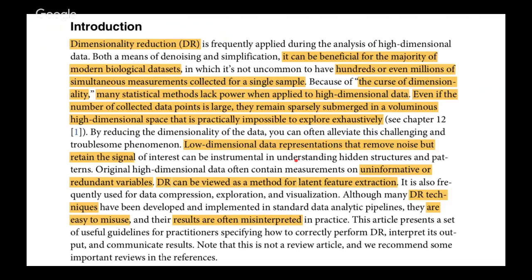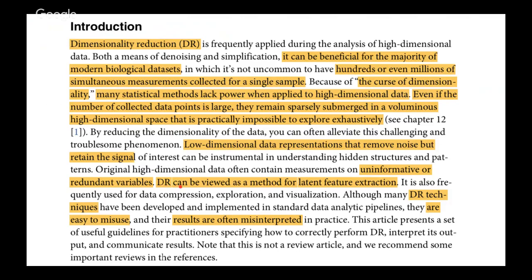And this is based on the premise that the measurements can sometimes be uninformative or redundant. And for a lot of what we do in genomics or omics, there are many data points that point in the same direction, and so that makes them redundant. And if you can reduce the dimensionality of the readouts from genomics or any omics technologies, it reduces the number of dimensions, which makes them more amenable to statistical analysis.